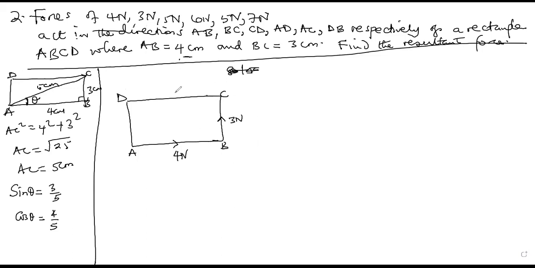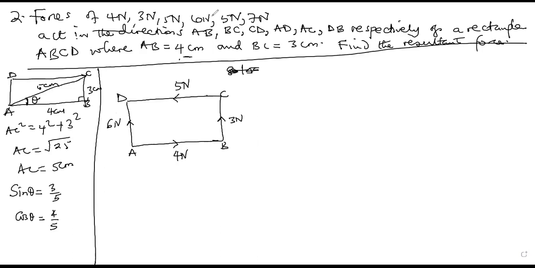They give us CD. CD is 5 newtons. Then AD. AD, you have to note that very well, not DA. So AD means is facing up. AD, and that is 6 newton.